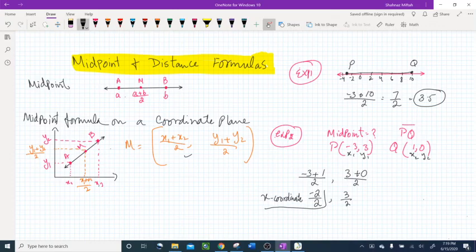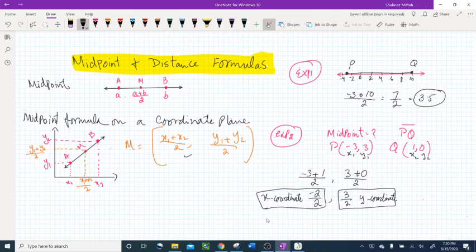This is my X coordinate for the midpoint, and that's my Y coordinate, because we got that from the average of Y, and this one we got from the average of the x-axis. So what is the midpoint of PQ?